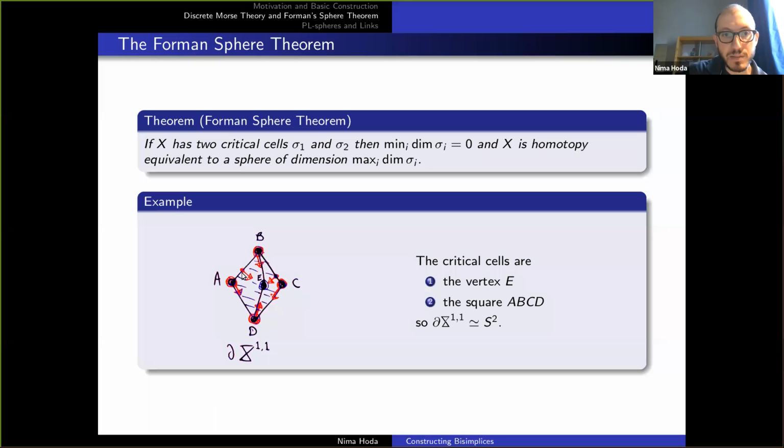The edge AB is matched to the square ABED, and the edge BC is matched to the square BCDE. The only cells that aren't matched are the square ABCD and the vertex E. So those are the critical cells. Then by the Forman sphere theorem, this complex is homotopy equivalent to S2. Of course, in this case, it's obvious. We can see that it's homeomorphic to S2.